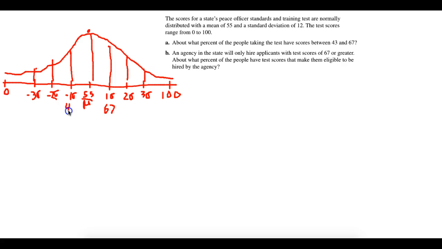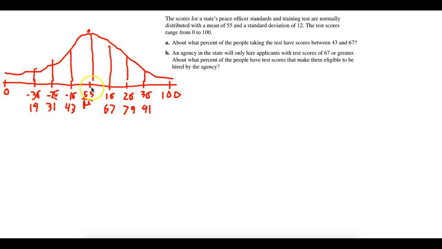So our values for one standard deviation are 43 and 67. We can take this further and add and subtract 12 again to get exactly what our values are going to be.